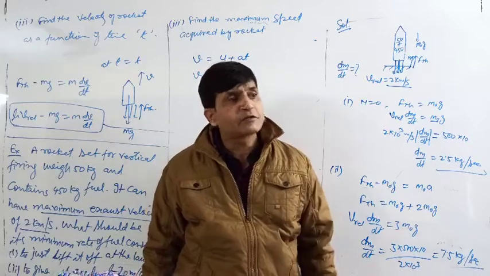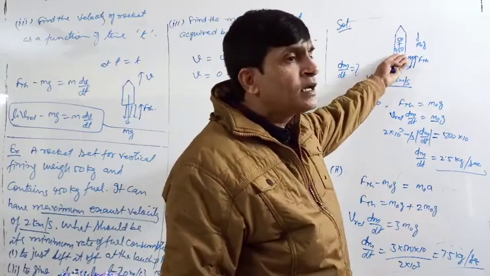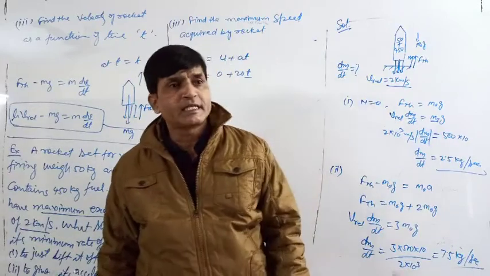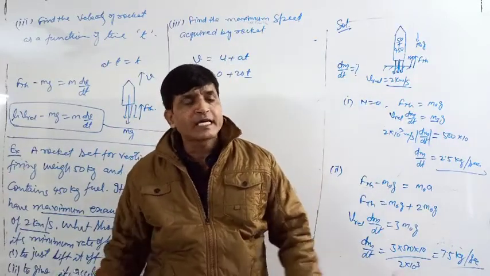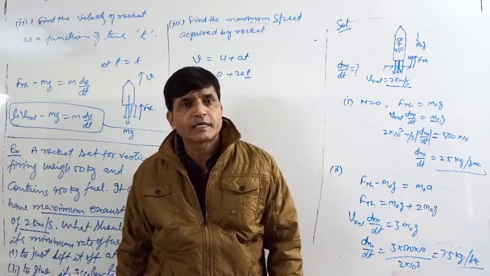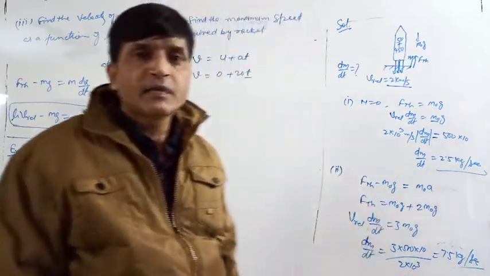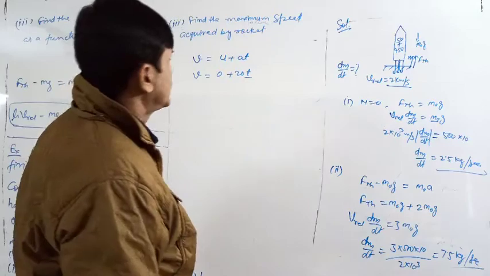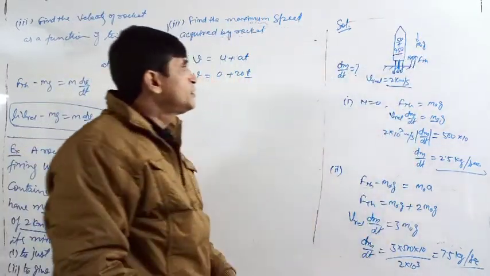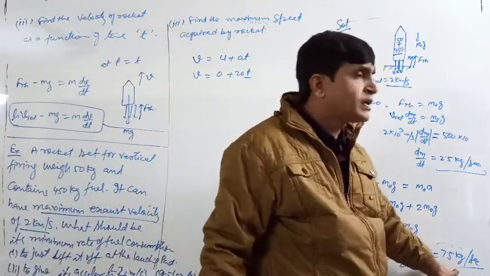At which time will the thrust force be zero? At the time when all the fuel is consumed. 450 kg fuel was there. When all the fuel gets consumed, no fuel is left, or all the fuel gets exhausted. At that time F thrust will be zero and the rocket will have maximum speed. So in how much time does the fuel get exhausted? See, dm by dt is given as 7.5 kg per second.